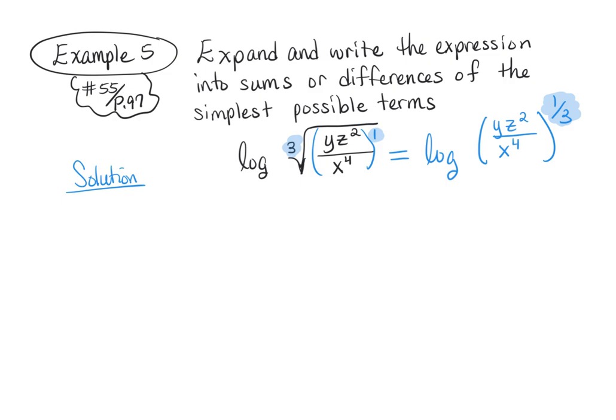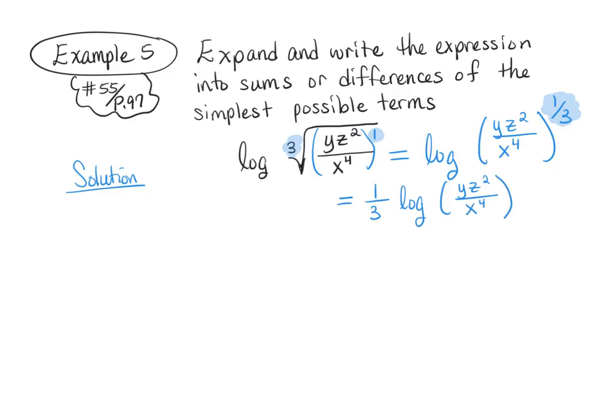So now, using the property of logarithms where we have log of something raised to 1/3, we can bring this 1/3 down front. So this is equal to 1/3 log of yz squared divided by x to the 4th.